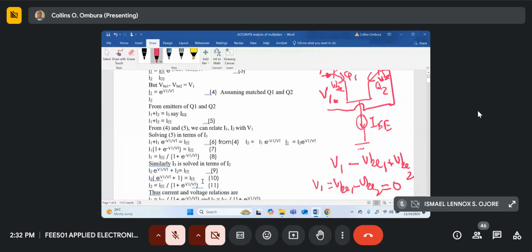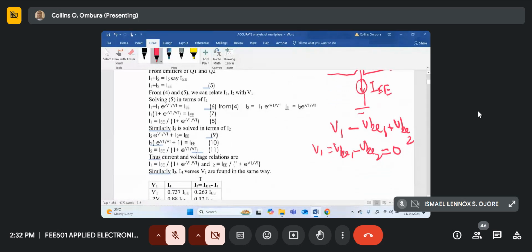I've written them here. So the voltage current relationships are these two equations. These are the two equations that we'll be using, this one and this one. Where I1 is the transistor to the left, I2 is the transistor to the right, and IEE is the common current flowing at the emitters of the two.